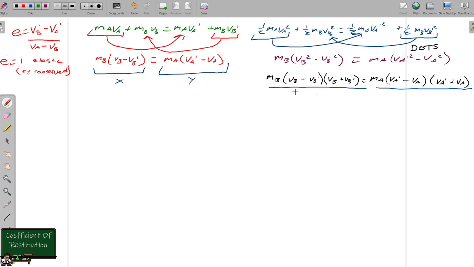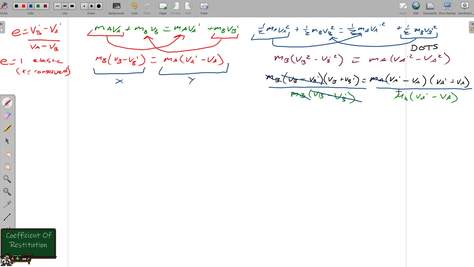So let's go ahead and divide the left side by x, which is the MB (VB minus VB prime). And then divide the right side by y, MA (VA prime minus VA). And so we can cancel MB and MB. We can cancel VB minus VB prime.